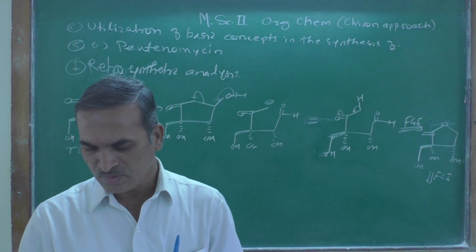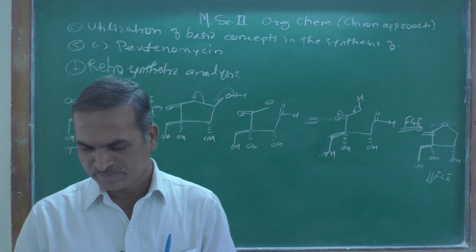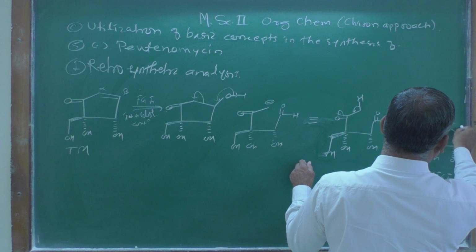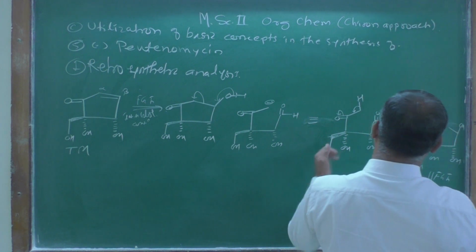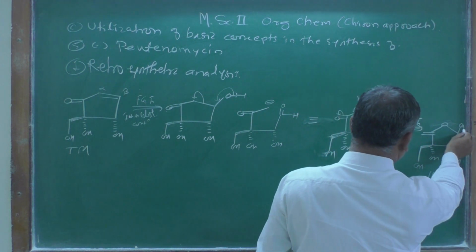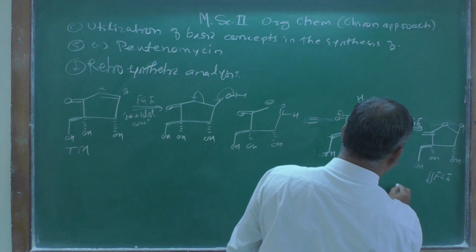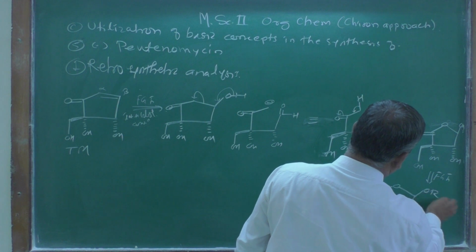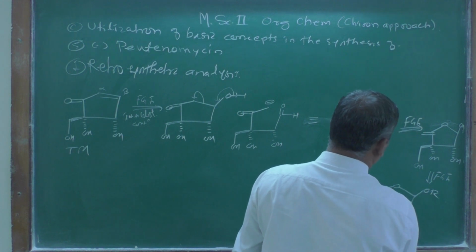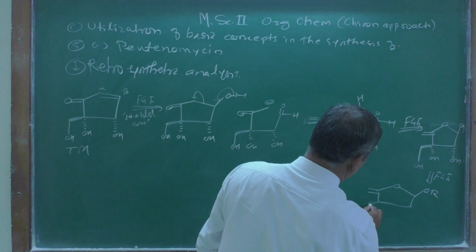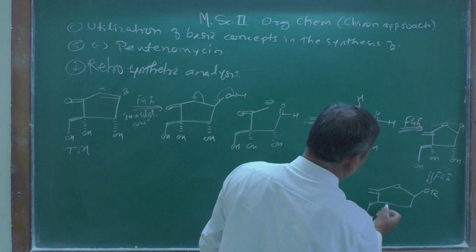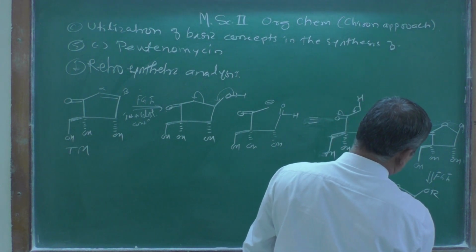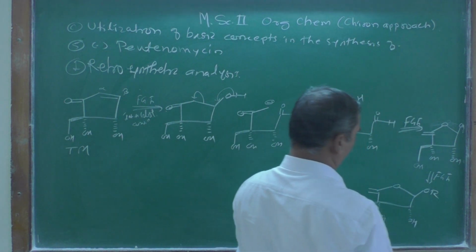Therefore we are going to get here an OH, and now this hydrogen atom gets replaced by OR, then this double bond as it is, then this hydroxy group which is also as it is, and this OH also as it is, right?